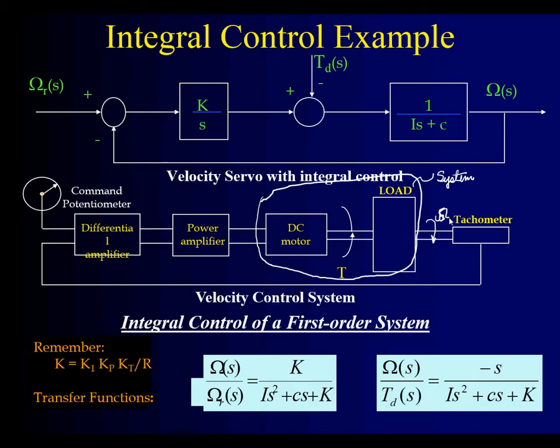That's a tachometer, which means you're measuring speed. You're feeding it back here. This is your difference block right here. The power amplifier actually is your control. So here's where you have the control.